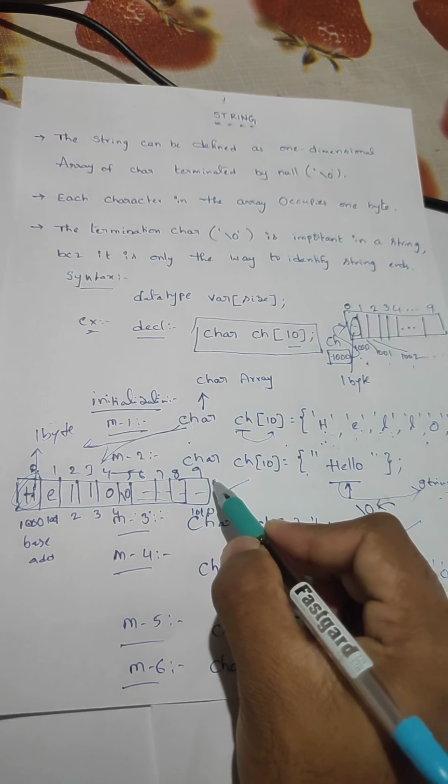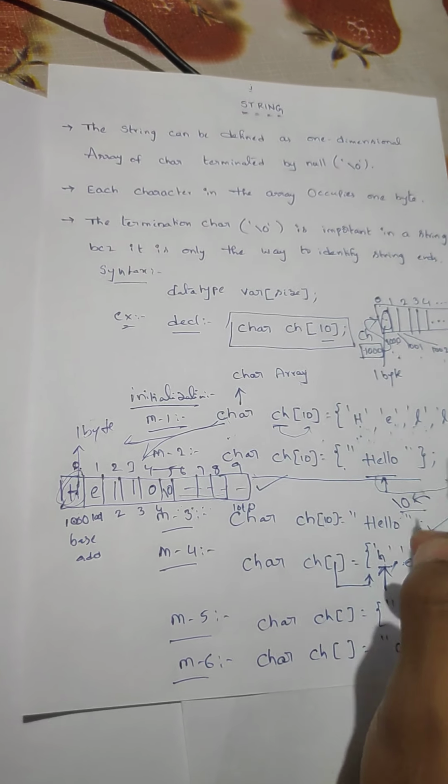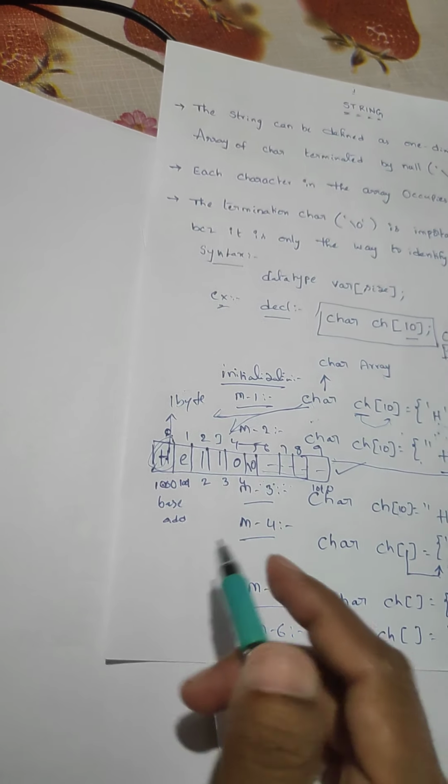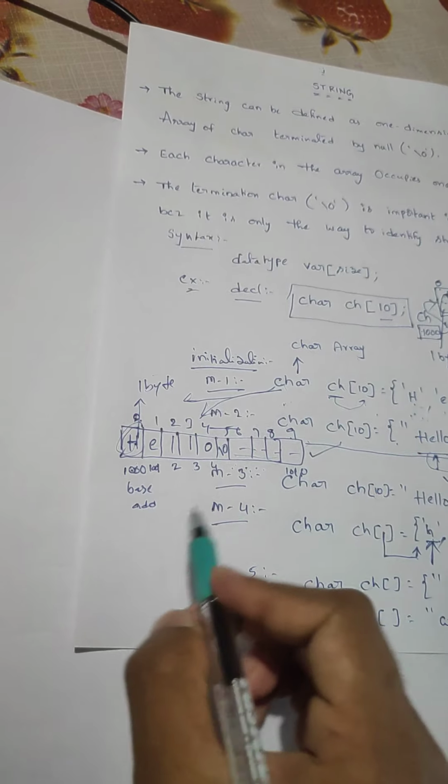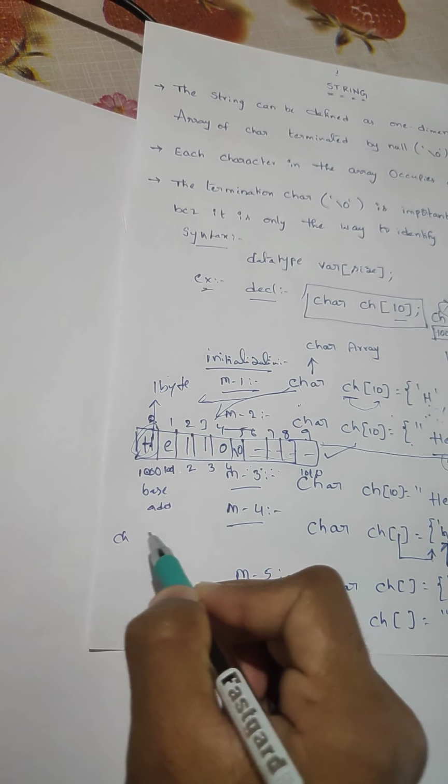And what about method 2? In method 2, again one memory location is created: char ch[10].